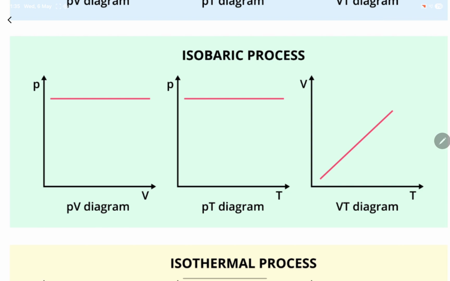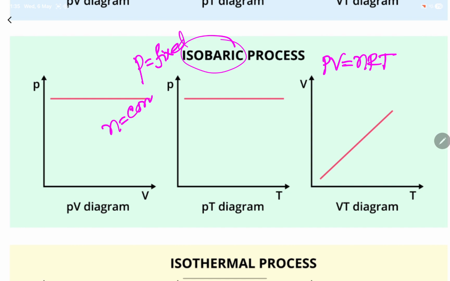From the ideal gas law, you know that PV equal to nRT, and as in the isobaric process, pressure is fixed, it is constant. n, the mole number, let's consider it to be a constant.